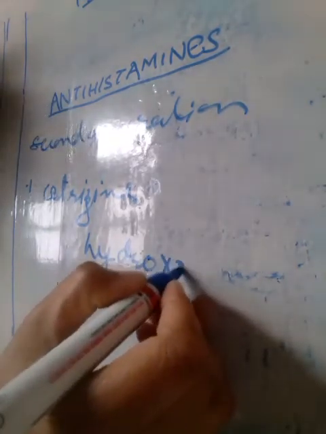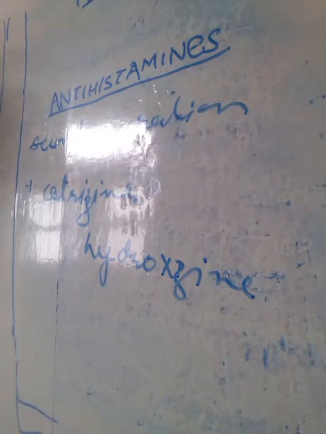The next common drug in the second generation antihistamines is cetirizine. It is a metabolite of hydroxyzine and it does not produce CNS effects, like it doesn't cause any sedation.